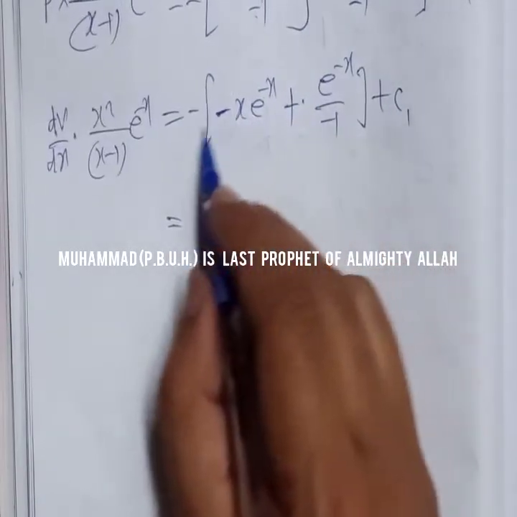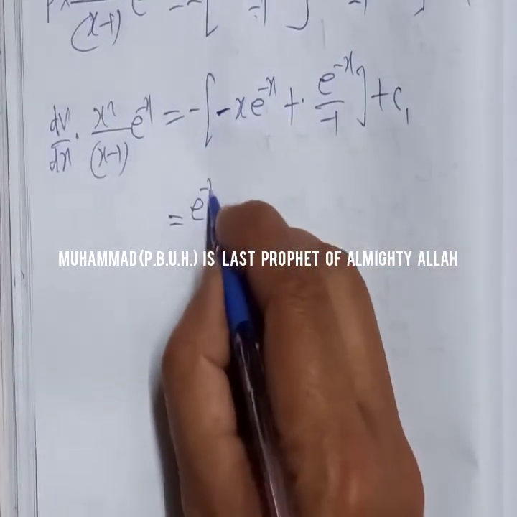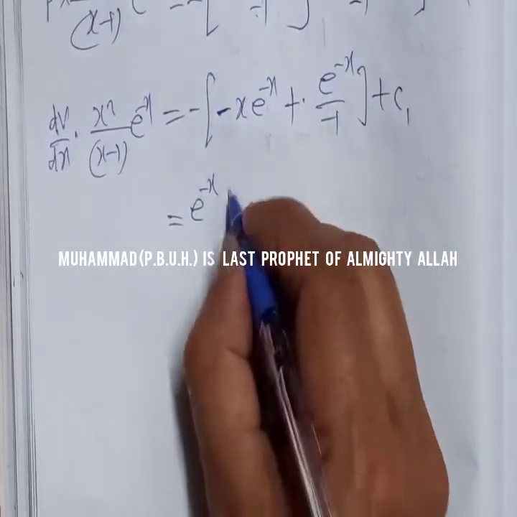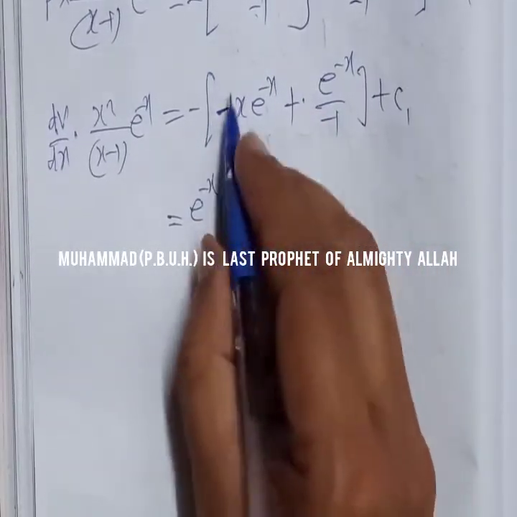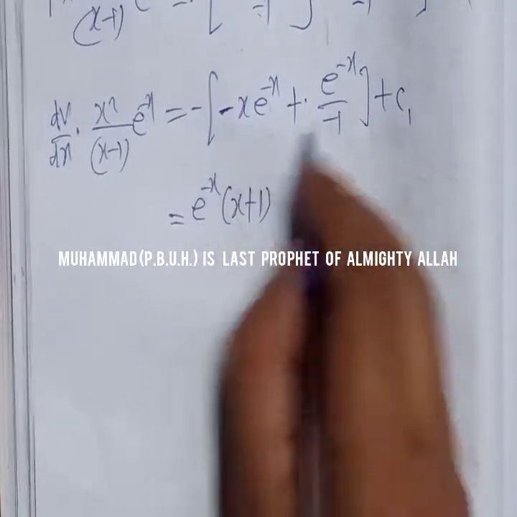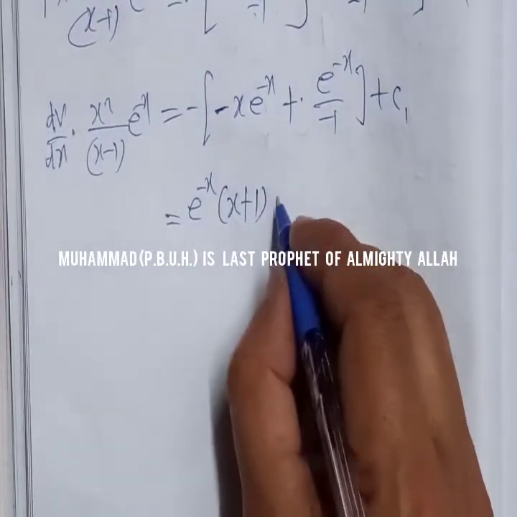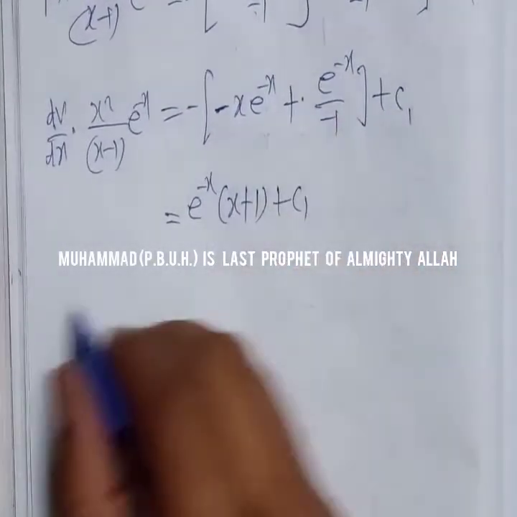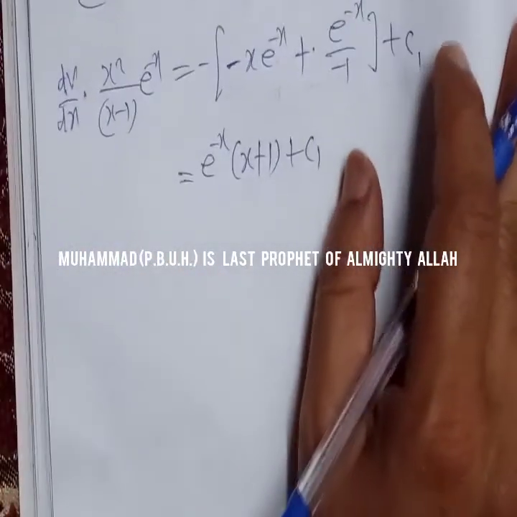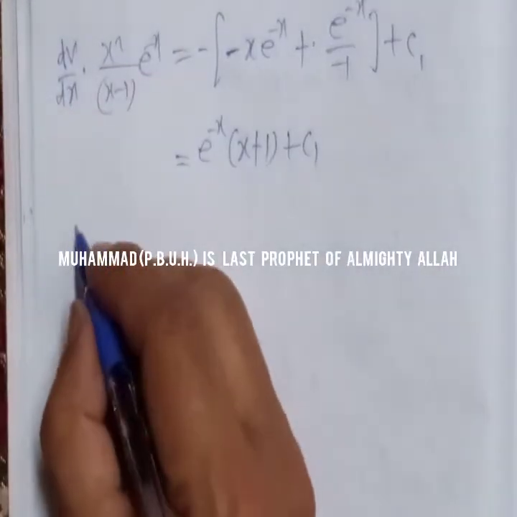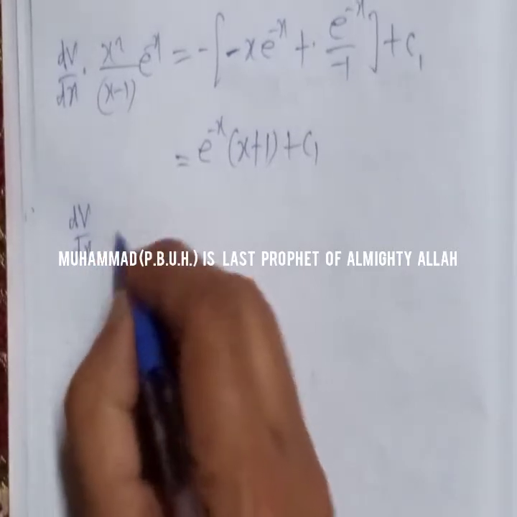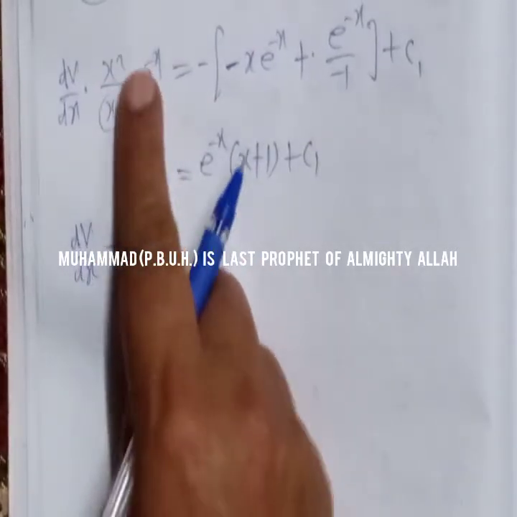Also we can take e to the power minus x common, and we get x plus 1, because minus converts these to minus, with plus c1, which is the simplest form. And after that I will find the value of dv over dx by transposing this term to the right hand side.